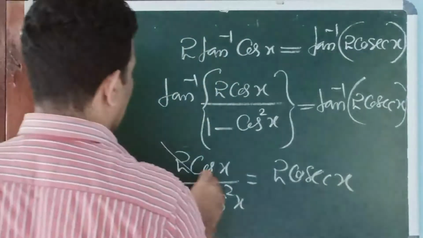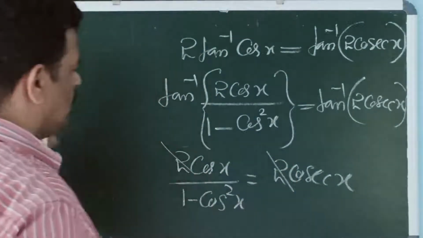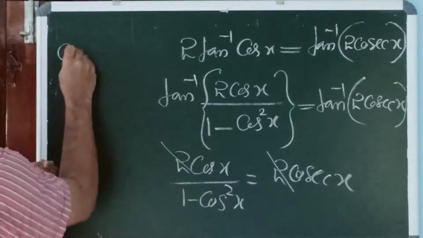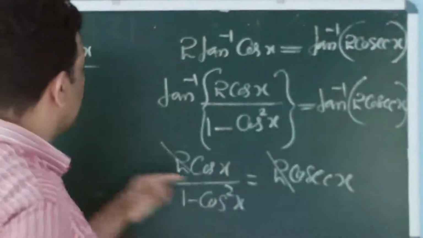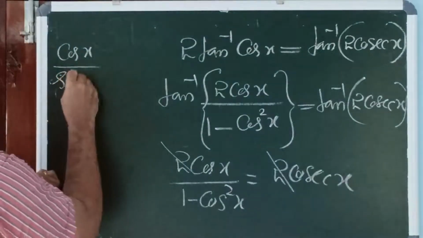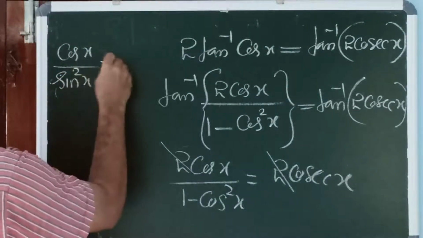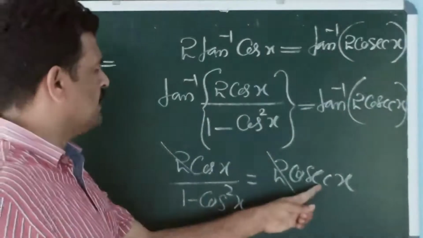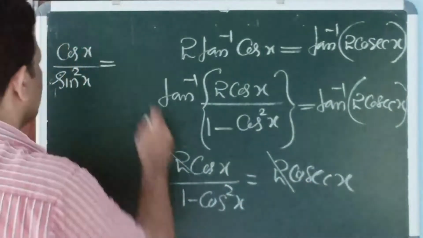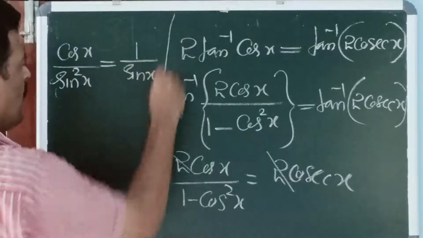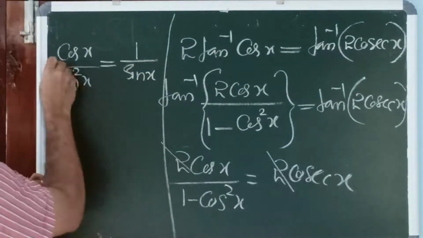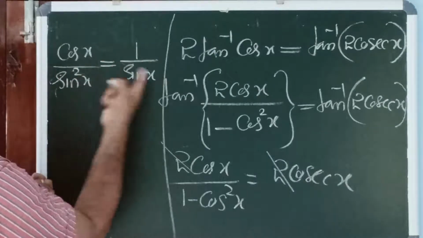Now 2 cancelled. Now we can write cos x divided by 1 minus cos square x, which is sin square x, equal to cosecant x. Cosecant x we can write as 1 by sin x. Now I am cancelling sin from both sides.